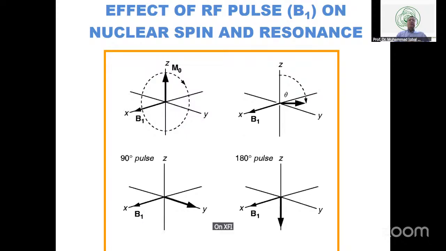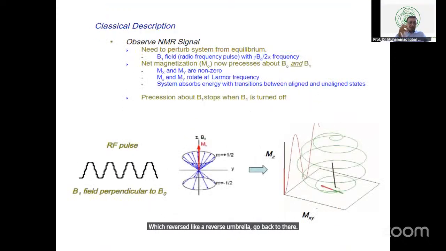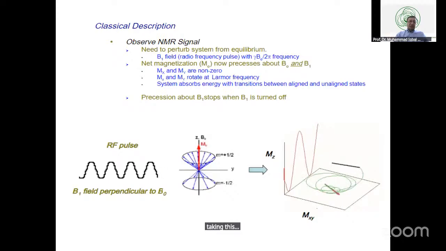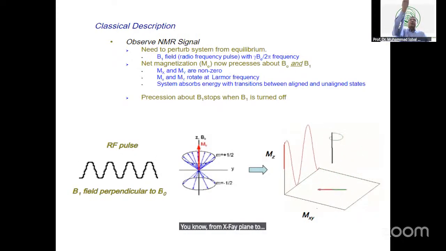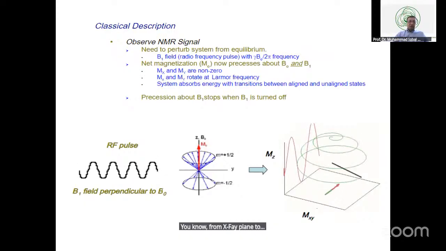And you want to see this magnetization vector come to the XY plane, going back to thermal equilibrium, this dancing of precession on the XY plane, which reverses like a reverse umbrella, going back from the XY plane to Z. This is recorded, and it's called free induction decay.